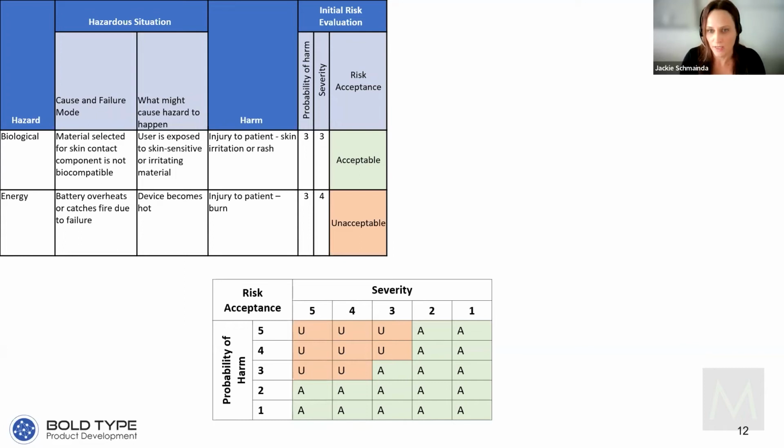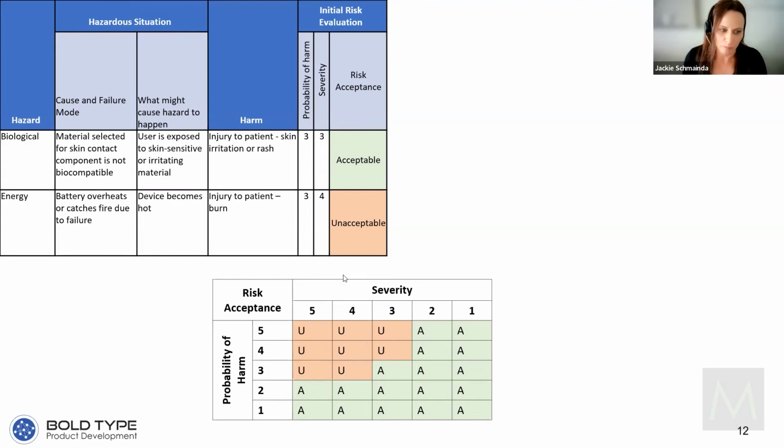And we've also assigned a severity of 3, and that's basically because this is a minor to moderate kind of effect to the user. And that gives us an acceptable risk. And it depends on how you define acceptable risk in terms of risk mitigation in your risk management plan. You may have designated acceptable risk as not requiring further mitigation. That's acceptable to do.